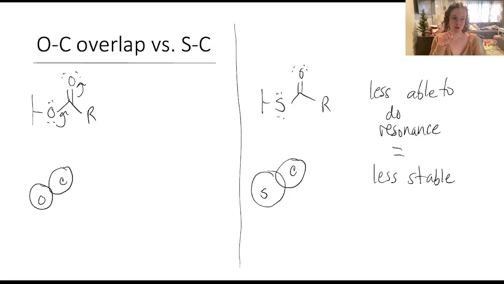And because it can do less resonance, it is less likely to do the same thing. It is therefore less stable. Things that are less stable are higher energy, so cleavage of this bond here should release more energy.